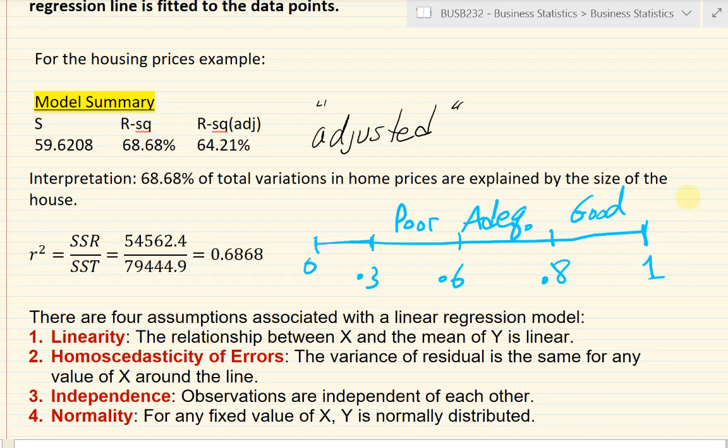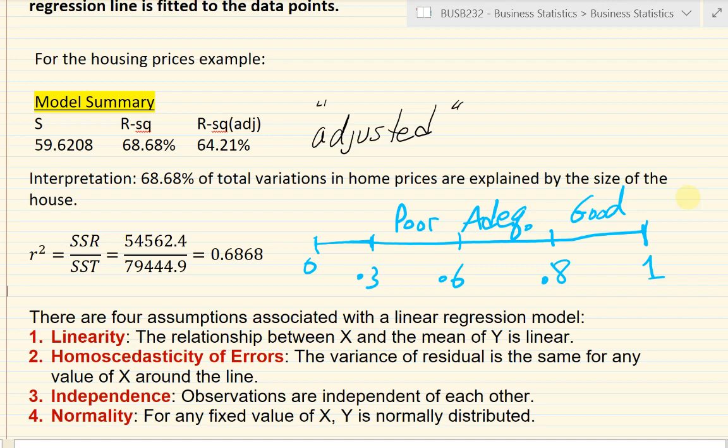Now, there are 4 assumptions associated with the linear regression model. I'd like to mention these. 1, linearity between x and y. The second one is what we call homoscedasticity of errors. Homoscedasticity means error terms have the same variance.